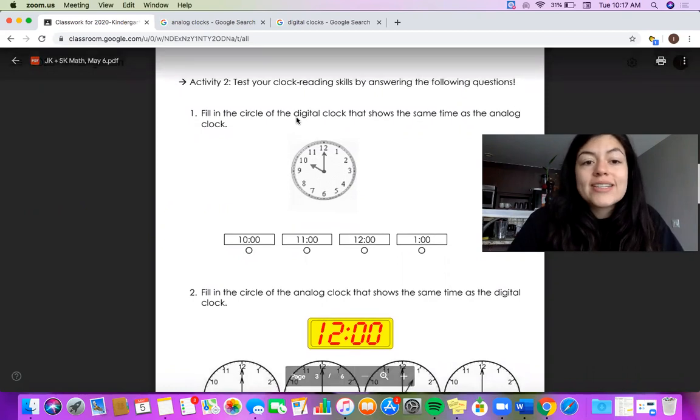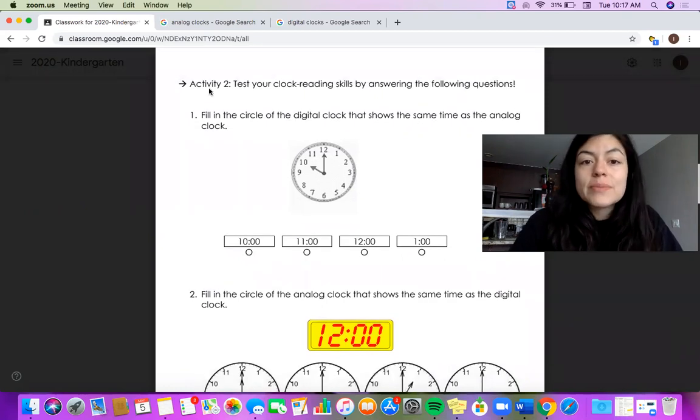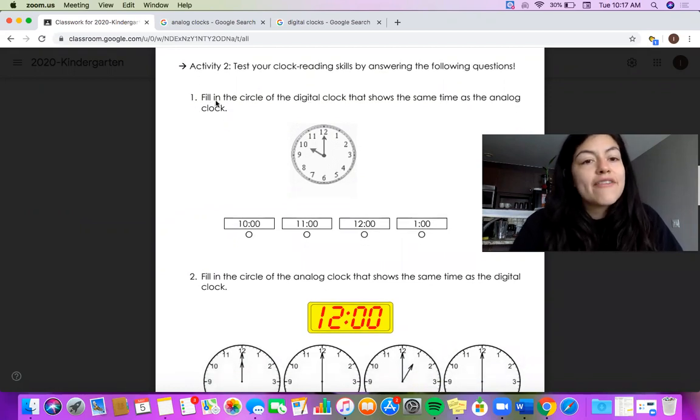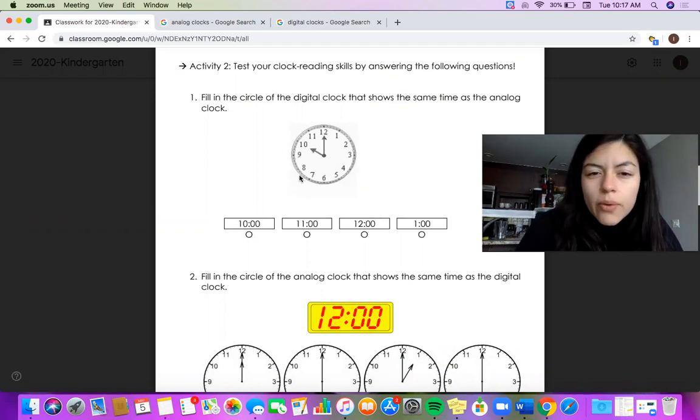So for activity number 2, it's gonna be testing your clock reading skills by asking you some questions. And number 1, fill in the circle of the digital clock that shows the same time as the analog clock here. So you'll have to look at this clock, figure out what time it is, and then find out which option here is telling you the same time on a digital clock.